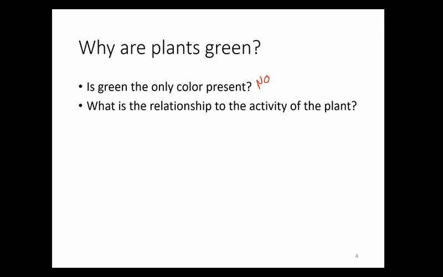And so what is the relationship? Well, in this case, the pigments are going to capture the light energy and use this to make chemical energy.